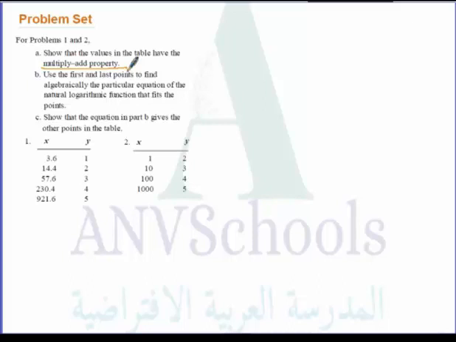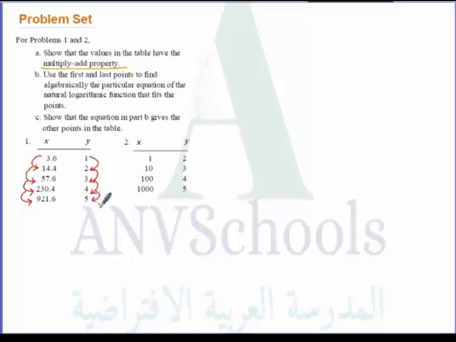So let's do letter A. For number 1, show that the values in the table have the multiply-add property. First, we have to identify the multiply-add property by getting the specific factors or units that define this property.